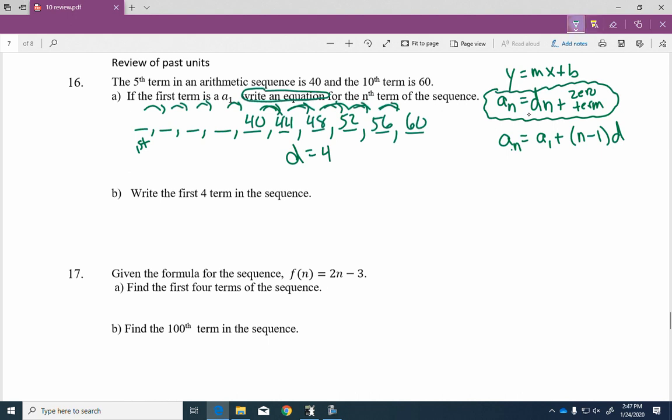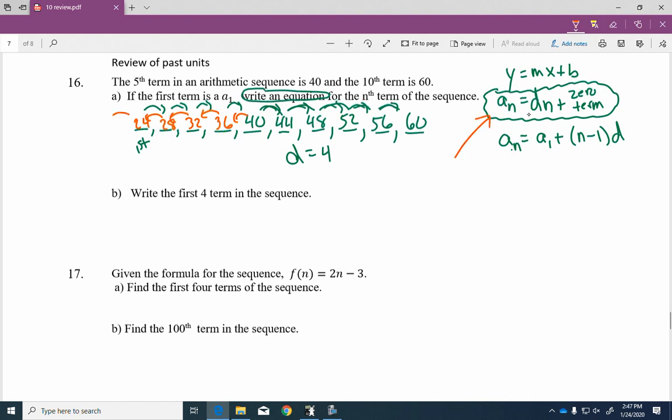I can now go find the term that comes before the 5th term. It must be a 36. And I can find what comes before that. It must be a 32. And I can find what comes before that. It must be a 28. And I can find before that, which is a 24. Remember, I said if I'm going to use what I like to write, I need the 0 term.